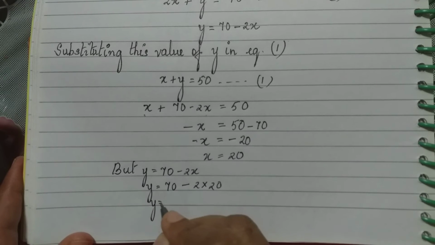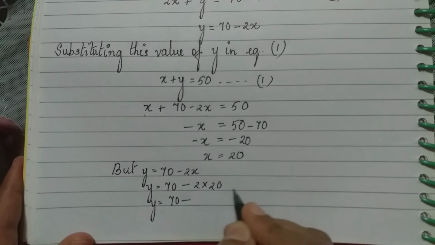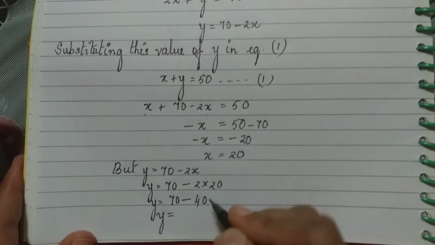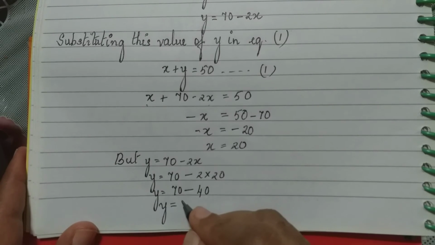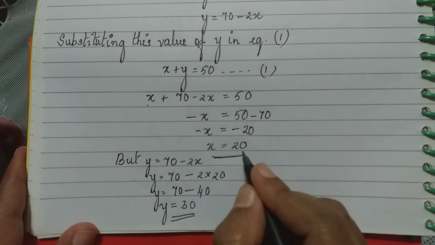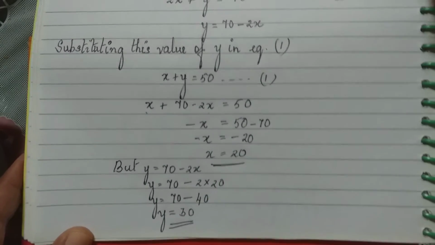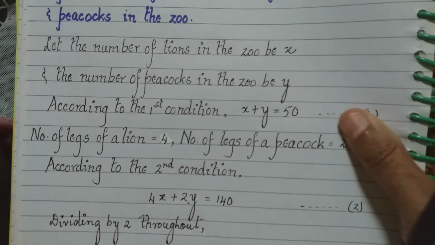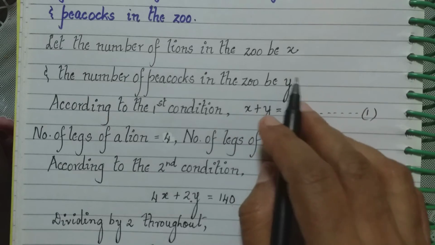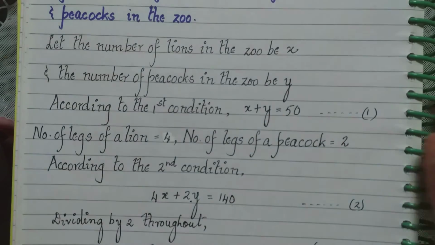So Y is equal to 70 minus 2 into 20, which is 40. So Y is equal to 70 minus 40, which is 30. So we have got X is 20, Y is 30. Now, what are X and Y considered here? X is the number of lions in the zoo. Y is the number of peacocks in the zoo.